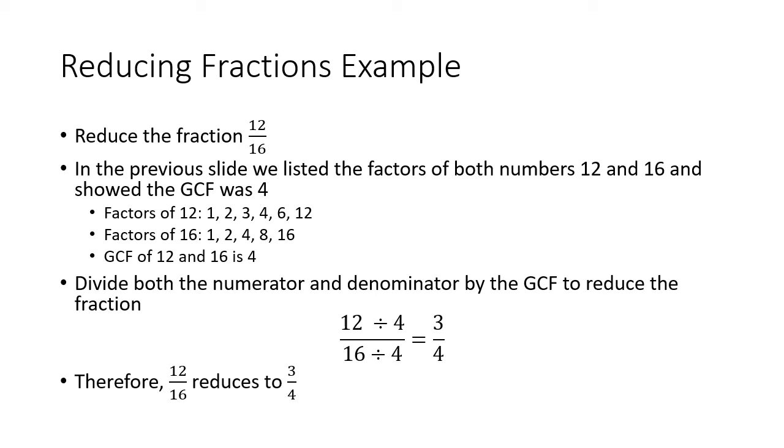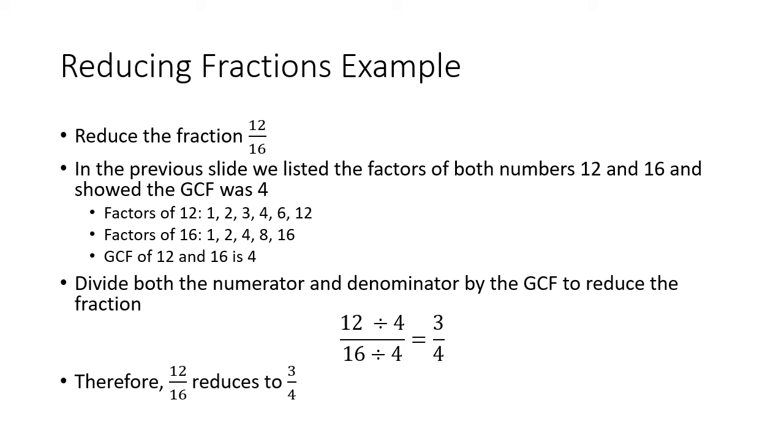Let's try reducing a fraction. Reduce the fraction 12 over 16. In the previous slide, we listed the factors of both 12 and 16 and showed that the greatest common factor was 4. Listing out the factors again of 12 and 16, we can confirm that the GCF is indeed 4.